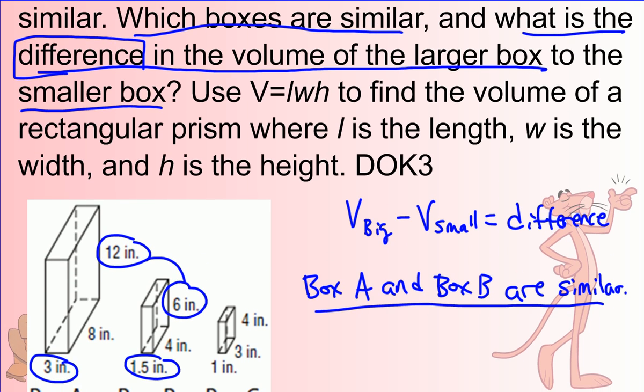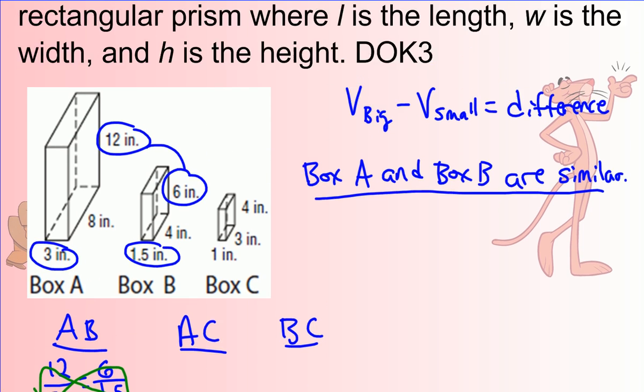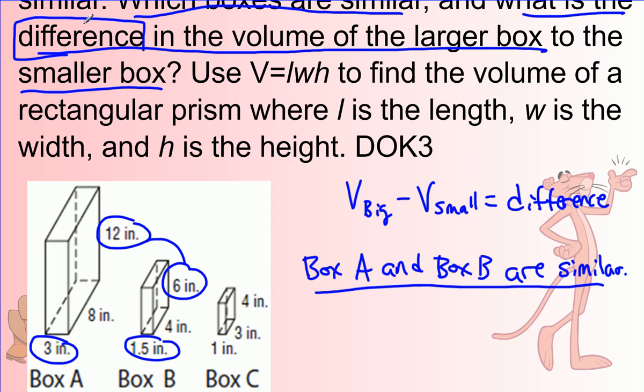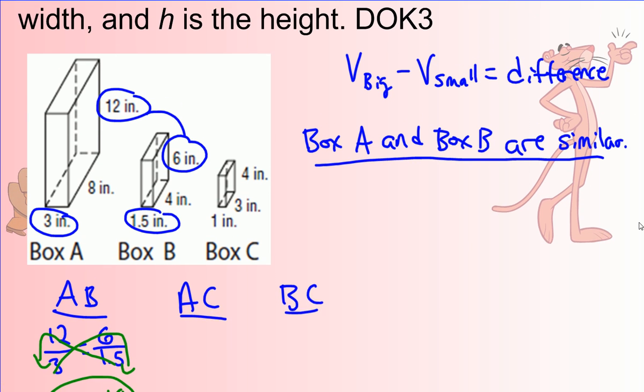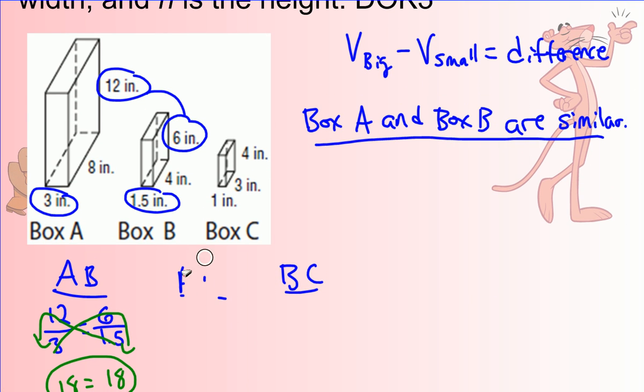So now I'm on to the second part of the question. I need to find what is the difference in the volume of the larger box to the smaller box. So I need to find the volumes of these boxes. So I need to find the volume of the big box and the volume of the small box.